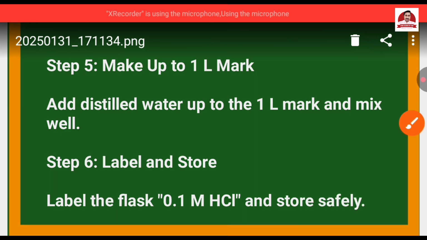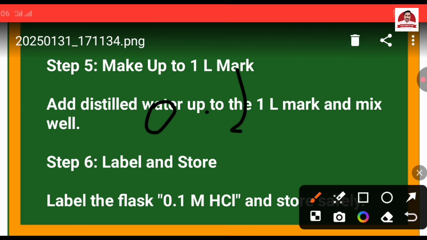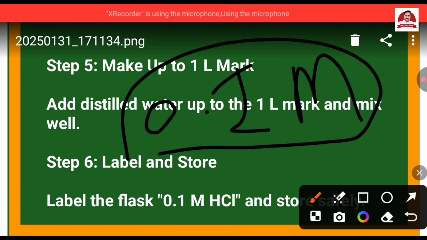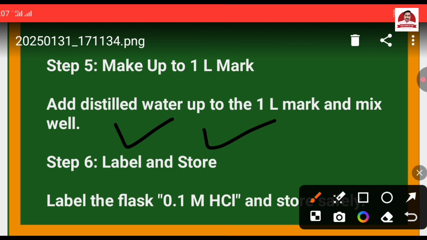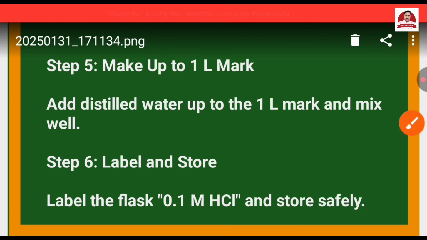So in this way we prepared 1000 milliliter of solution having 0.1 molarity. After this we label and store this solution in our lab.